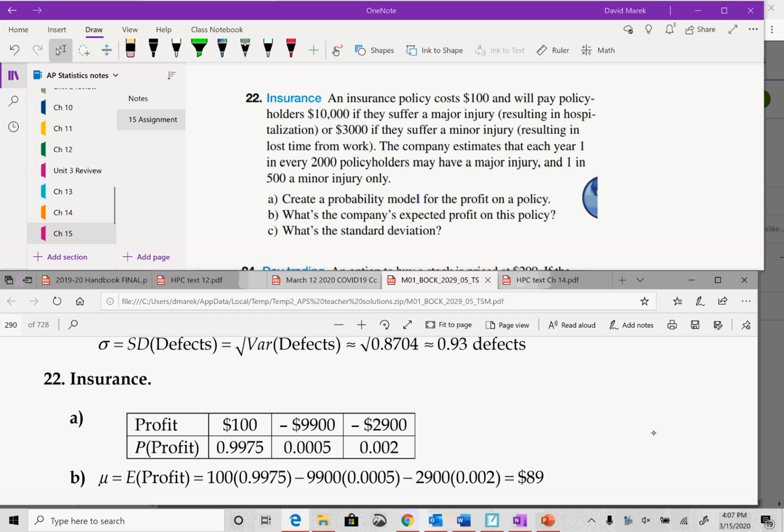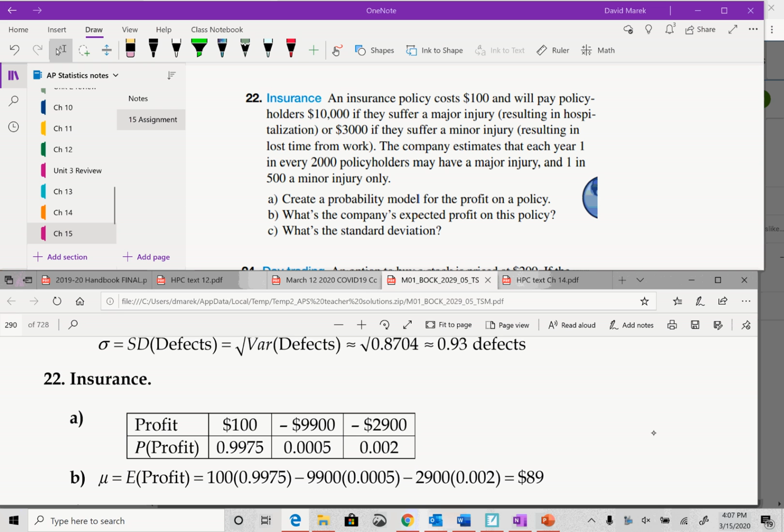Well, if the person holding the policy does not have any injury, they make a profit of $100. If they suffer a major injury, well, they've received 100, they have to pay out 10,000, so that's a loss of $9,900. And same thing with a payout for a minor injury, it's a loss of $2,900.